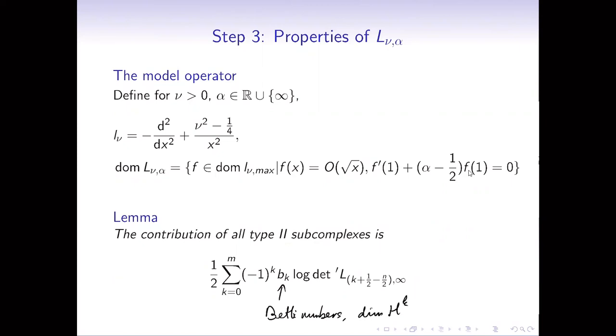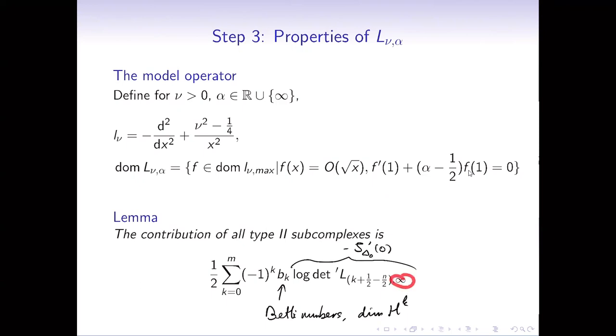Interestingly, it turns out it doesn't matter which harmonic form you take, they all contribute the same zeta function, or the same number to the analytic torsion, which is the regularized log of the determinant of this operator. So this is essentially the derivative of the zeta function at 0.